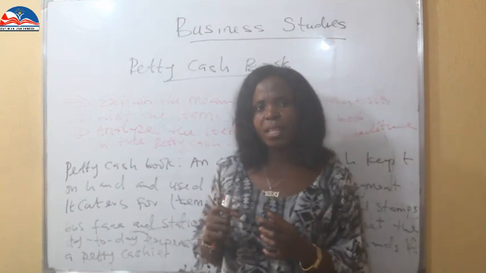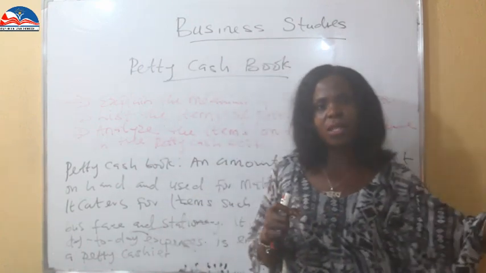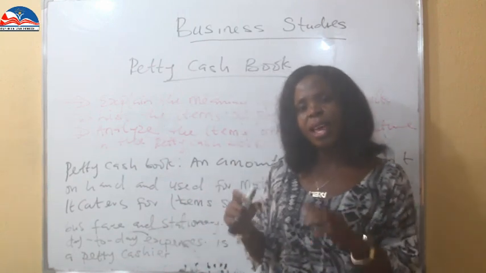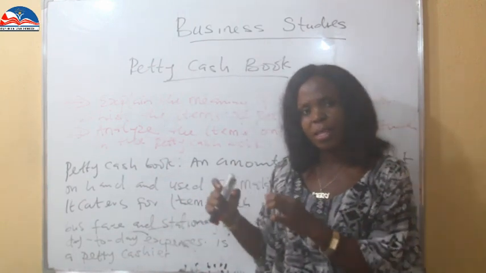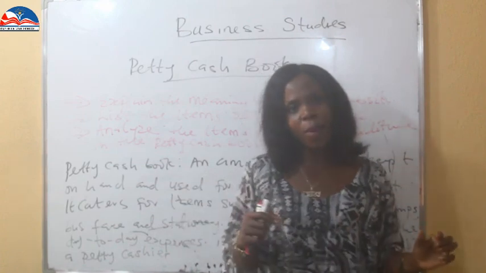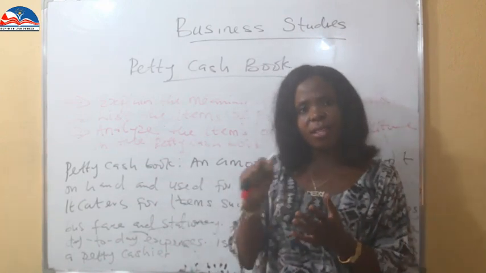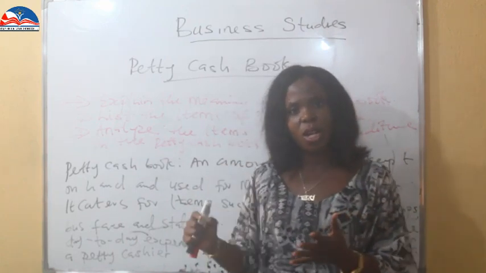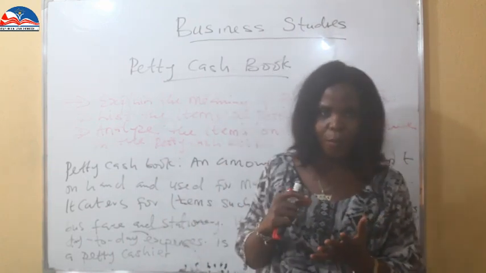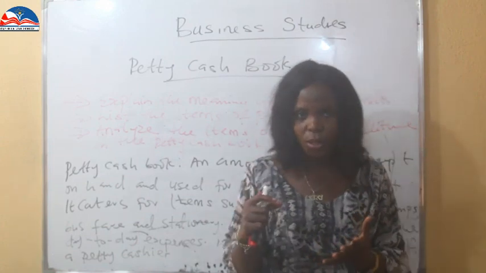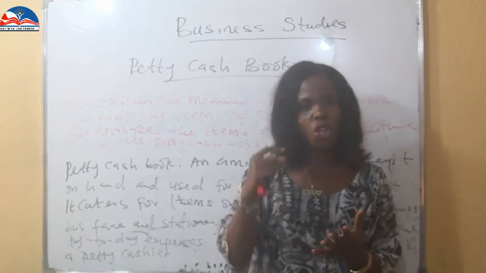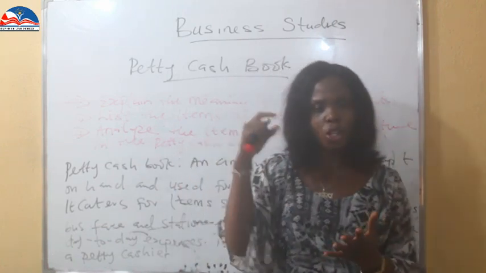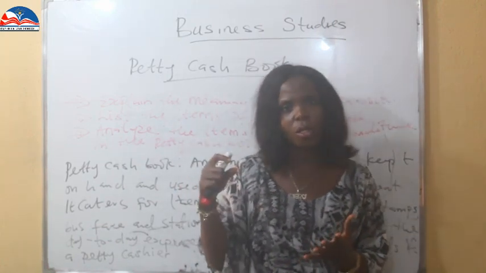So with the petty cash book, the cashier gives money to the petty cashier to manage the day-to-day running of the petty cash book, whereby the petty cashier writes down every expenditure that happens on a daily basis, be it stationery, be it stamps, be it data that is used, be it transport fare taken to different places for the smooth running of the organization.